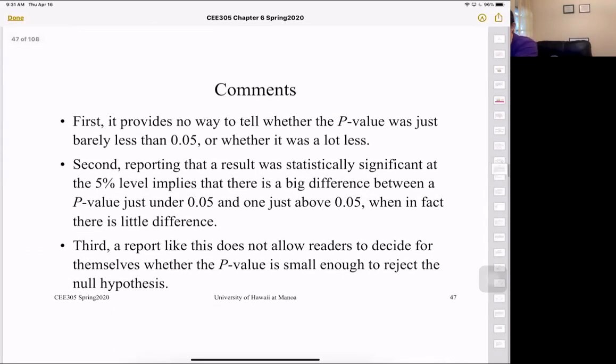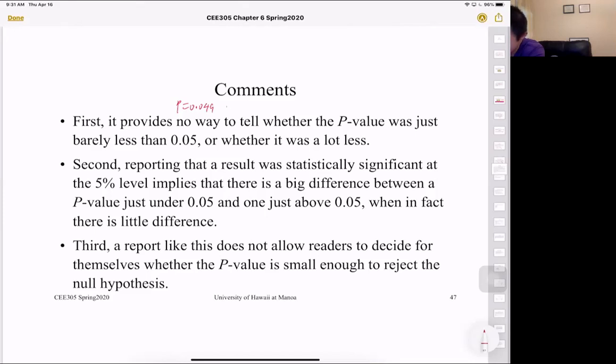First of all, they give no way to tell whether the p-value was just barely less than alpha or not. Say alpha is 5%. If the p-value is 0.049, this is barely smaller than 5%, so this is statistically significant.